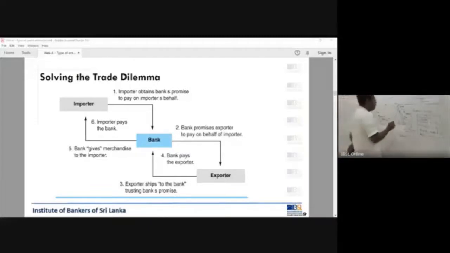Now, we send the cash out. Then we give the documents to Mr. Pereira after he pays the bank or after granting a facility, what we call post import facilities.